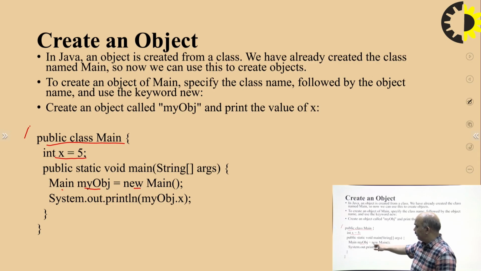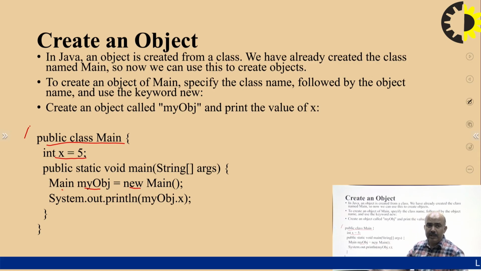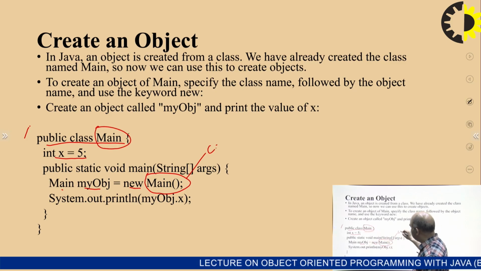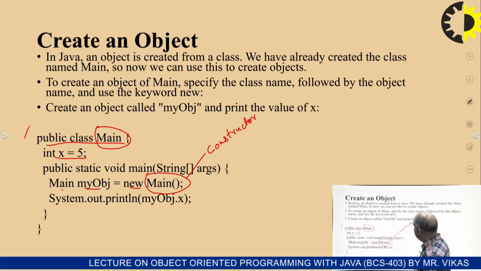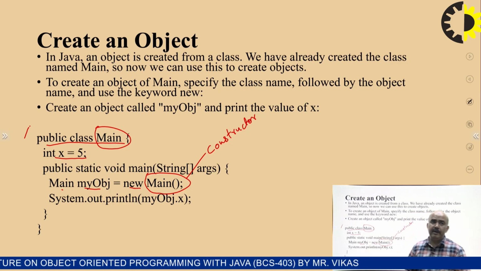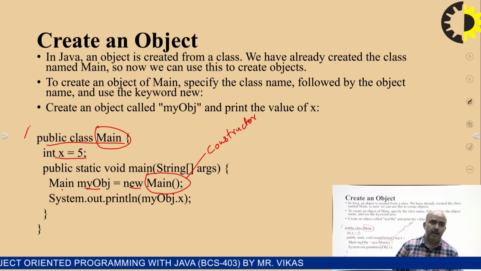New is the method for creating an instance of that object, and it should be similar to the class name. So this is basically your constructor, which is used in order to create an object of the class.